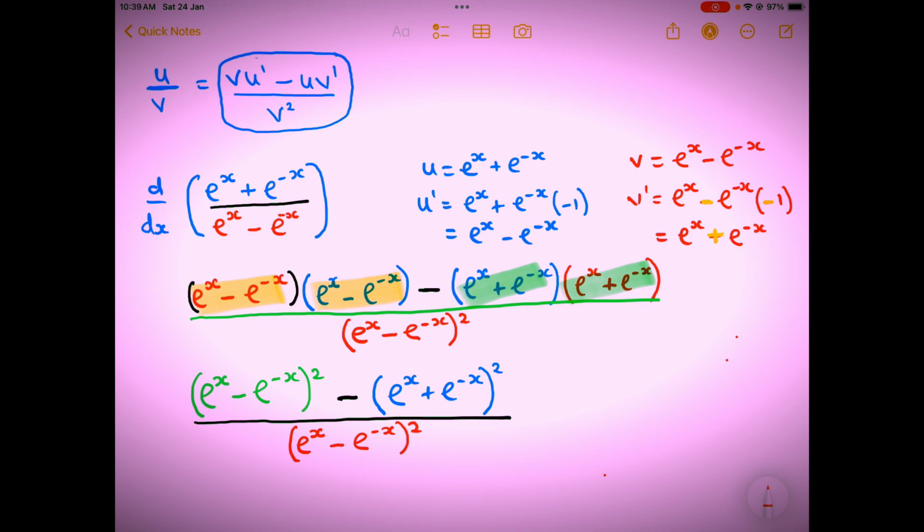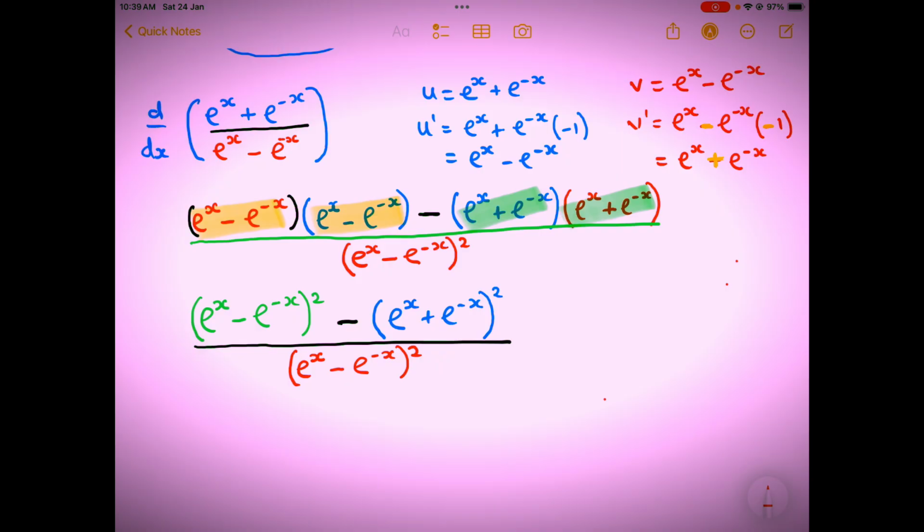So now this is what we have. We can simplify further, because looking at the numerator, we have a difference of two squares. We can take this as our a, and this is our b. So all the a squared minus all the b squared.